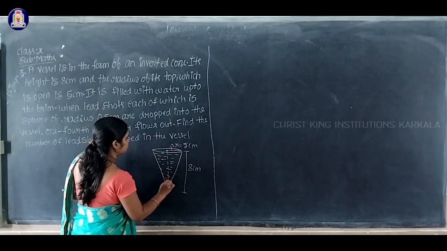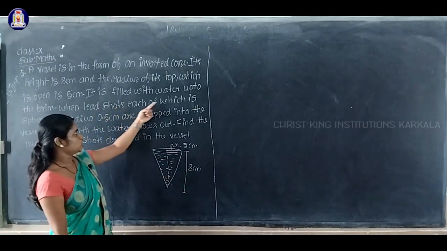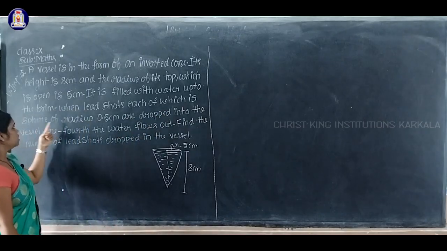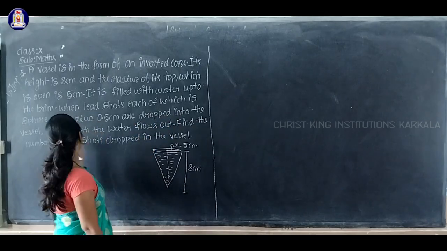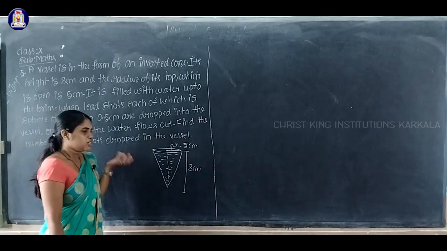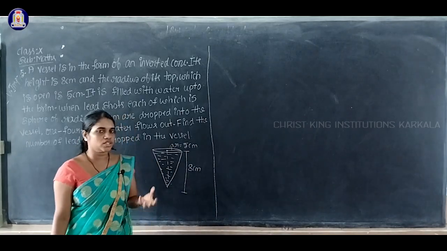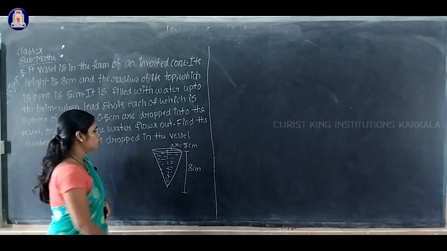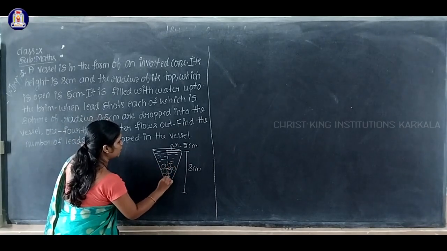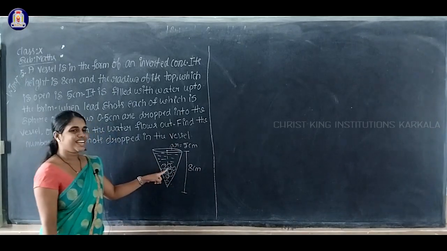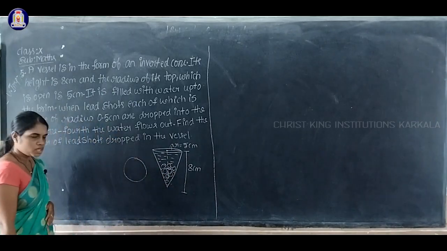Next, when lead shots, each of which is a sphere of radius 0.5 centimeter, are dropped into the vessel. So a few lead shots. What is the shape of those lead shots? Sphere. So a few lead shots are dropped into this vessel. Those lead shots are in the shape of a sphere.